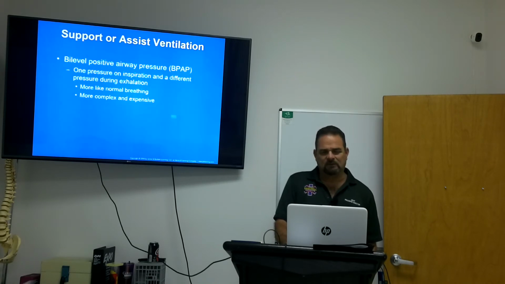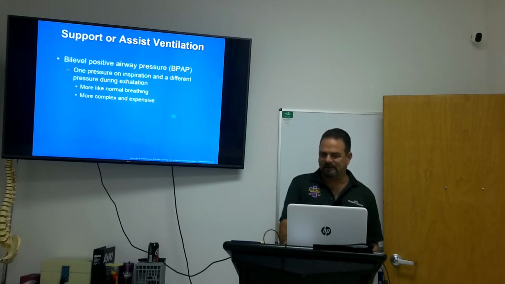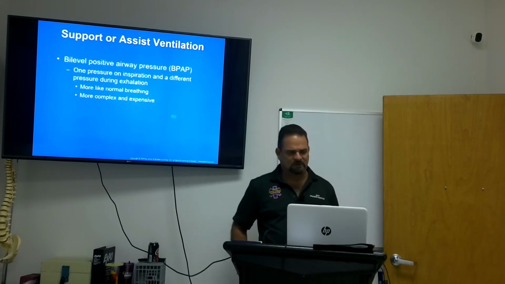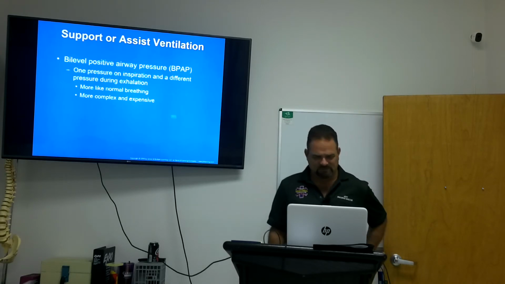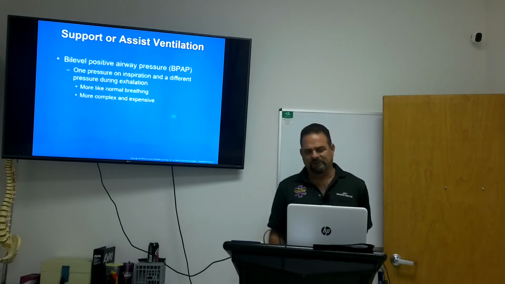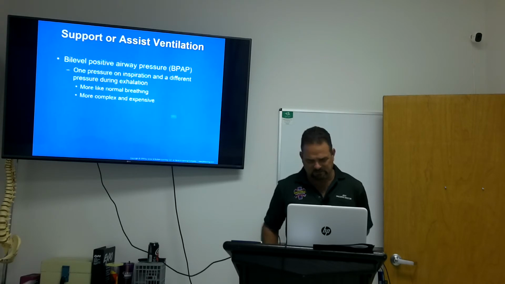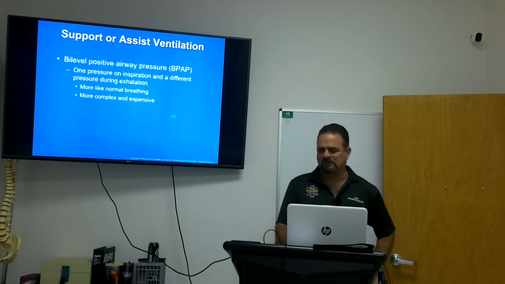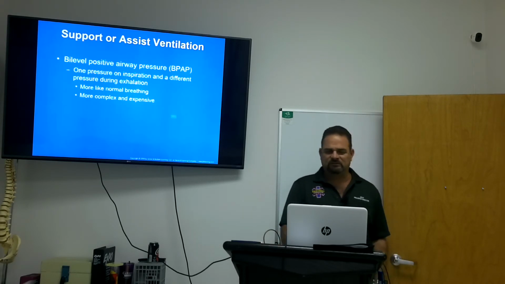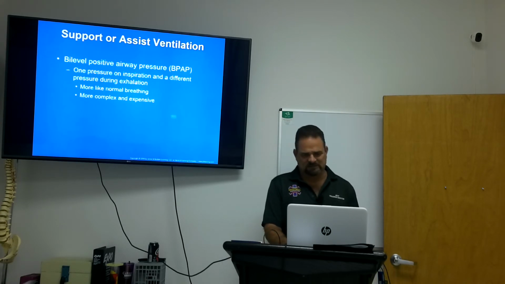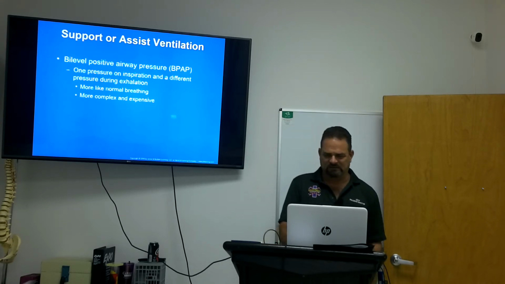Bilevel positive airway pressure, BiPAP or BPAP. With BPAP, one level of pressure is delivered on inspiration and a different level of pressure is delivered during exhalation. For example, a BiPAP set at 20 over 8 gives 20 centimeters of water pressure during inhalation and 8 centimeters of water pressure during exhalation.